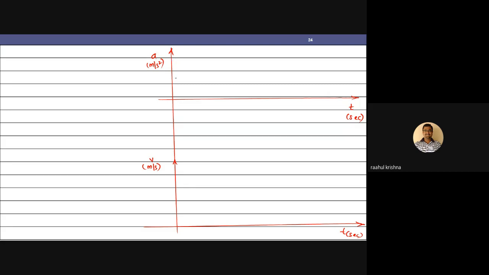So between t equal to 0 and t equal to 6 seconds, in this region my acceleration is 4 meters per second square. So I'll be plotting it like this. And in such a case, what happens to my velocity?